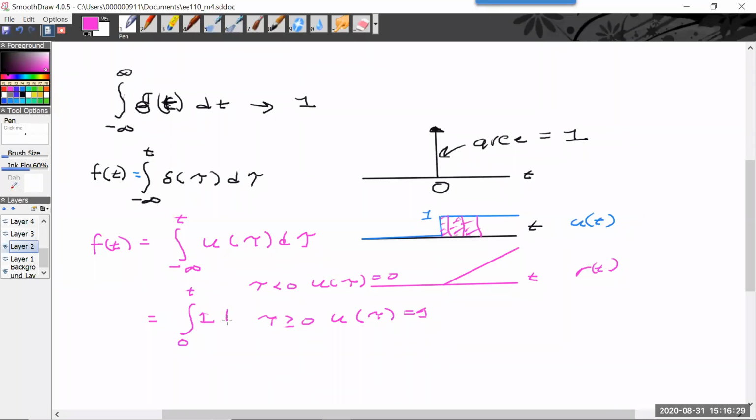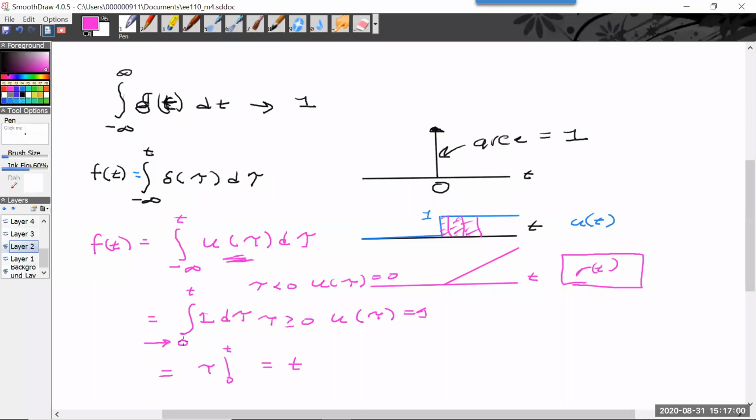right? d tau, which would give me tau from 0 to t equals t. Now I called it ramp t over here, right? Where did this step function go? Because here's the thing, it's actually right here.